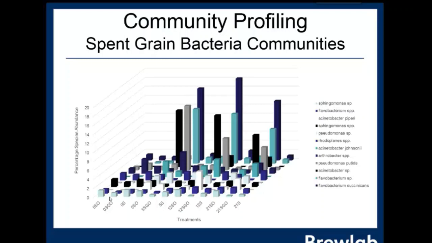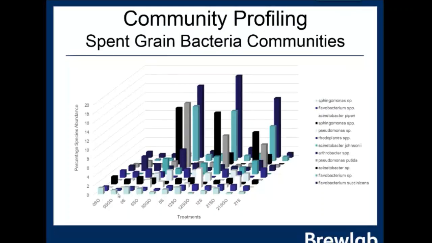Another application here, we did some research into the possibility of using spent grain from brewing in bioremediation. So can we use spent grain to enhance the digestion of hydrocarbons in, for example, oil spillages? And we looked at different samples at different times. So we've got 0 time, we've got 5 days, 12 days, 21 days.